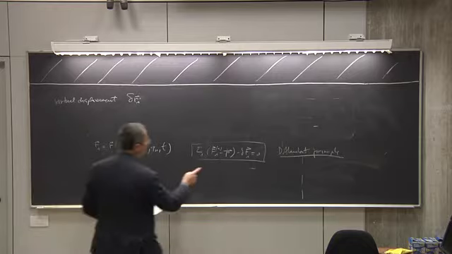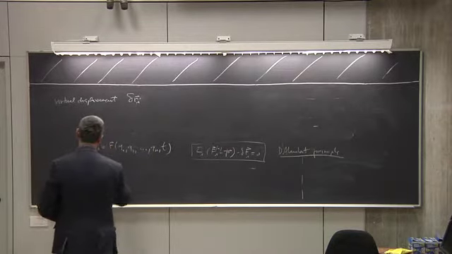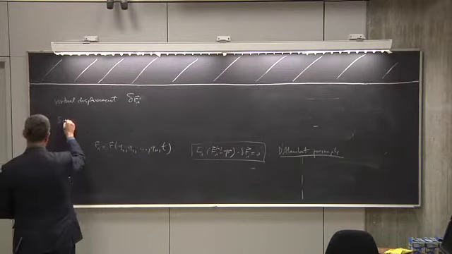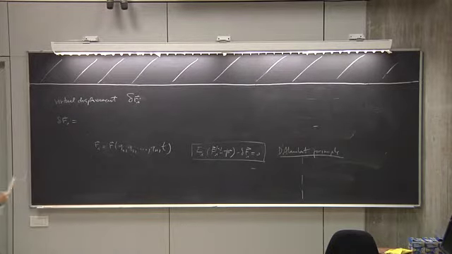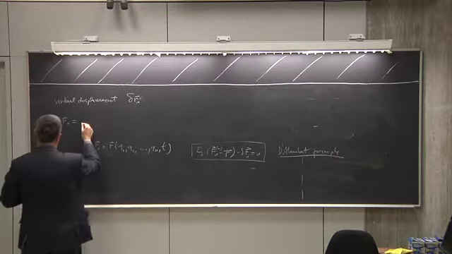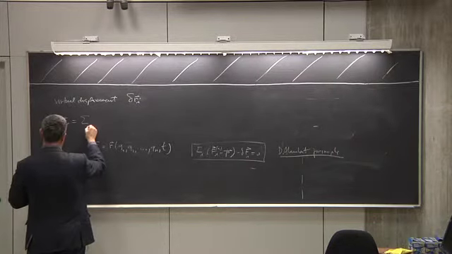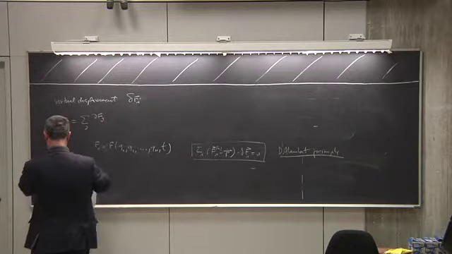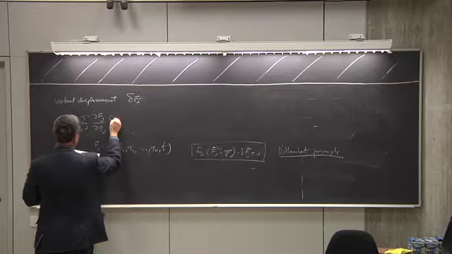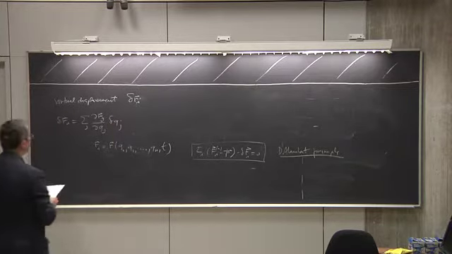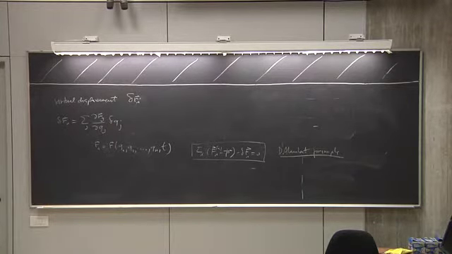What happens to this variation if I change my variables? Is this clear?